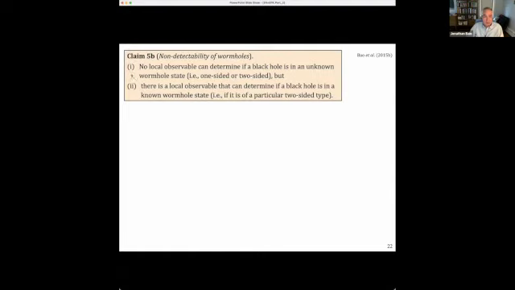First, no local observable can determine if a black hole is in an unknown wormhole state, in particular, whether it's a one-sided wormhole or a two-sided wormhole. But two, there is a local operator that can determine if a black hole is in a known wormhole state. By that, they mean if it's of a particular two-sided type with respect to a particular way of categorizing two-sided wormhole states.